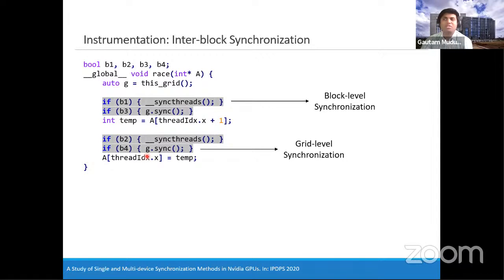Note that this is only possible for CUDA. There is no such construct available for OpenCL. So for CUDA programs, we introduce additional barriers with barrier variables, which facilitate grid level synchronization. However, grid level synchronization has a performance penalty compared to block level synchronization. So we try to avoid them whenever possible.